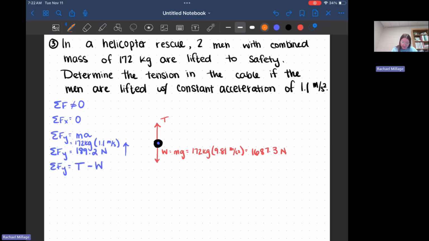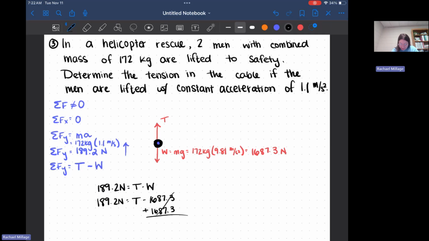So now I can say 189.2 newtons equals T minus W. I'm going to rewrite this now because we know W and we're looking for T. Now I have to look at this and say, okay, how do I get T all by itself? Well, I'm subtracting, so now I need to add 1687.3 to both sides.